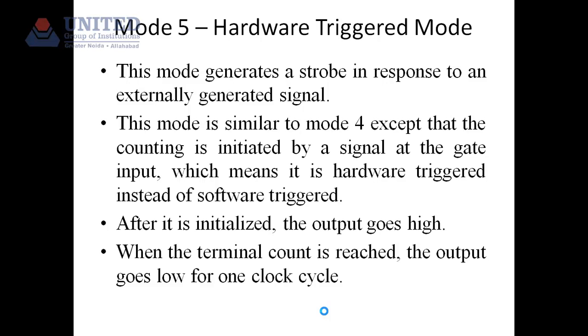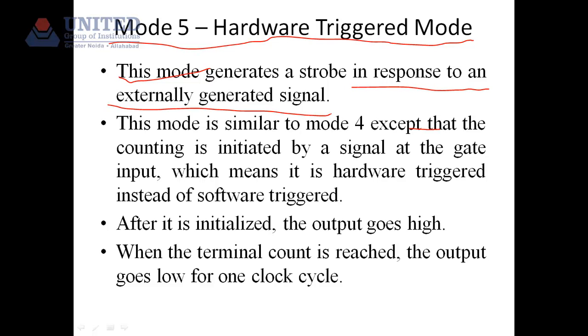Now the last mode, that is mode 5, and this is one of the most important modes also. This is known as the hardware triggered mode. Why is it so important? This mode generates a strobe. This mode generates a control signal, that is the strobe, in response to an externally generated signal.